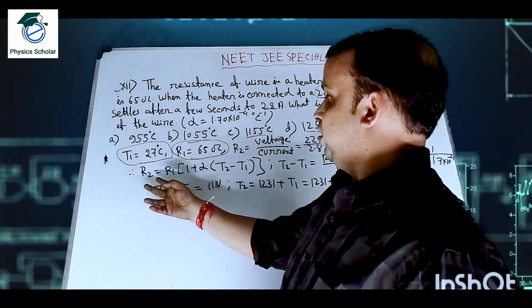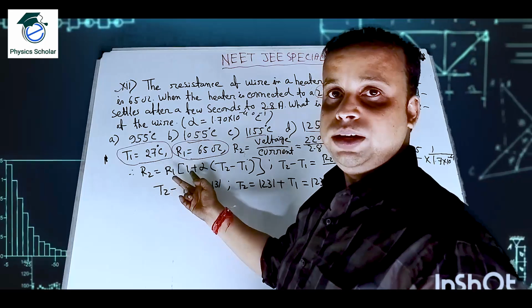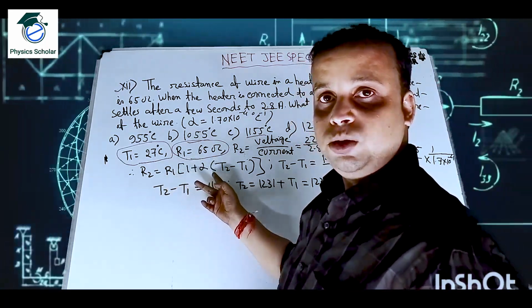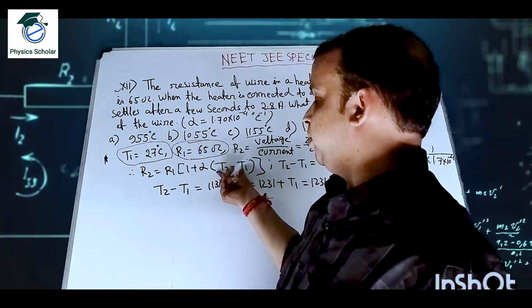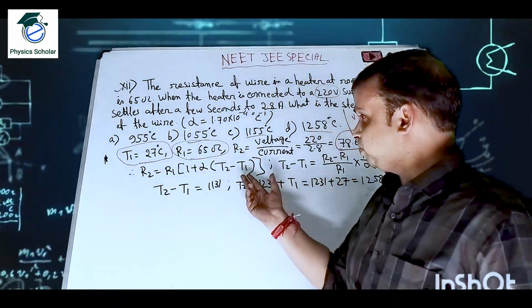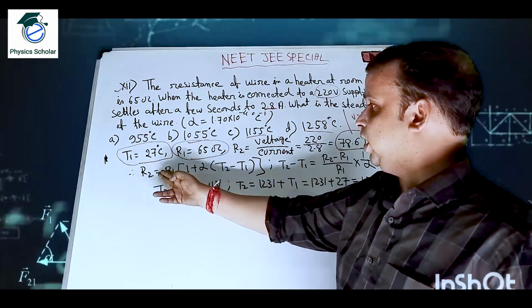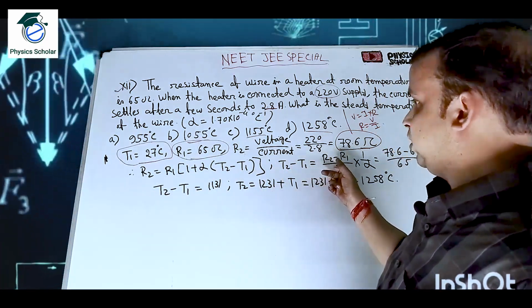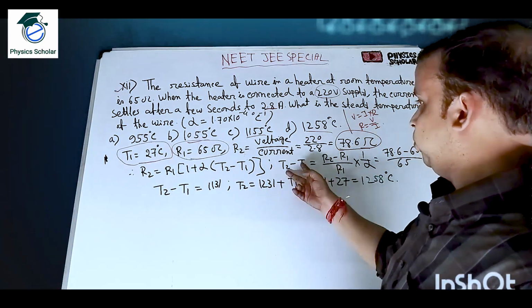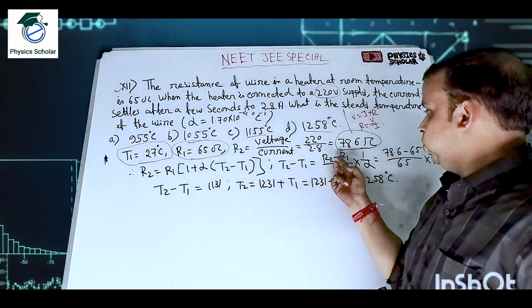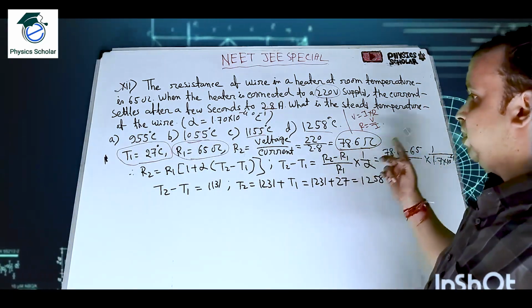So what is the formula? R2 is equal to R1 into (1 plus alpha into (T2 minus T1)), the difference of temperature. So from here, (R2 minus R1) divided by R1 is alpha into (T2 minus T1). So T2 minus T1 is equal to (R2 minus R1) by R1 into 1 by alpha.